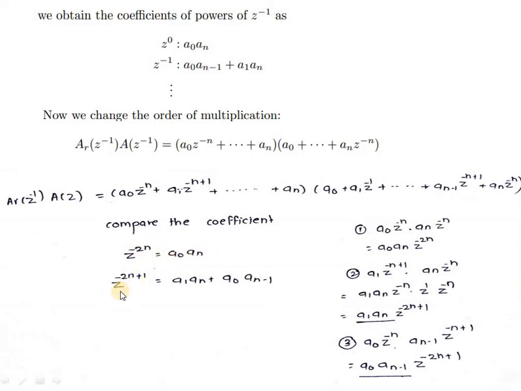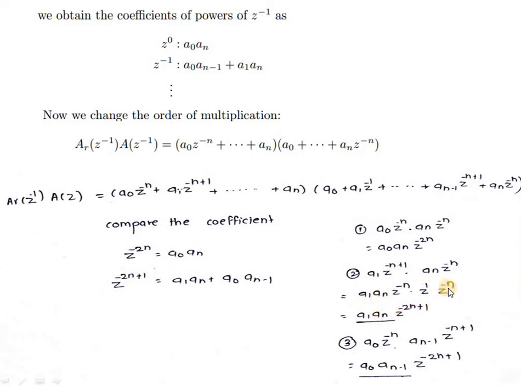Now collect the terms which contribute to the coefficient of z raised to minus 2n plus 1. For this, the first term is a1 into z raised to minus n plus 1, and we multiply this term with an into z raised to minus n. It becomes a1 into an. We split z raised to minus n plus 1 into z raised to minus n into z raised to 1, so we conclude this becomes a1 into an z raised to minus 2n plus 1.